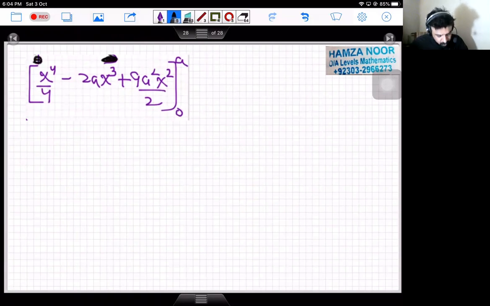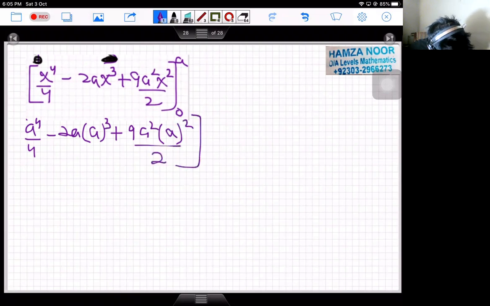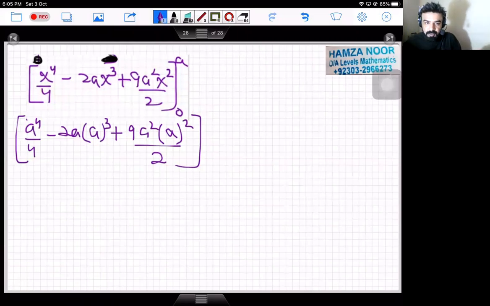All right, so just substitute the value a over here, a raised to the power 4 over 4 minus 2a multiplied by a cube plus 9a square into a square over 2. And obviously when you put the limit 0, all of the terms will be 0.